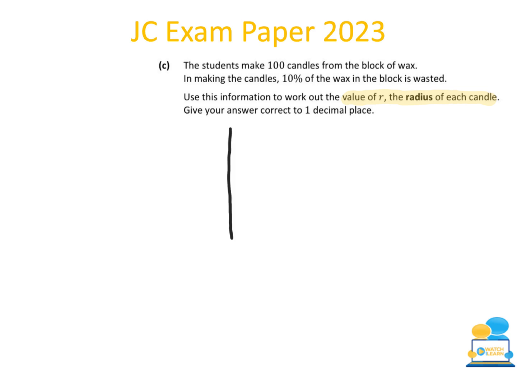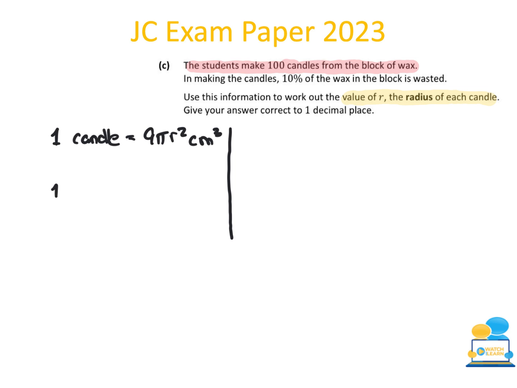So firstly, I'm going to use the information from the first line of the question that the students made 100 candles from this block of wax. From part B, I found out that one candle had a volume of 9 pi r squared centimetres cubed.